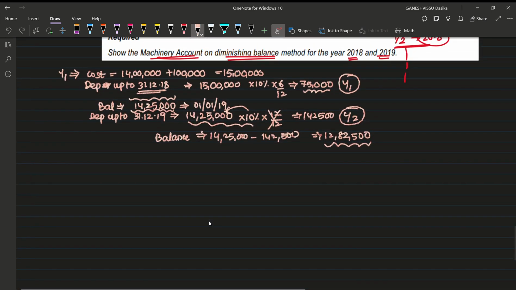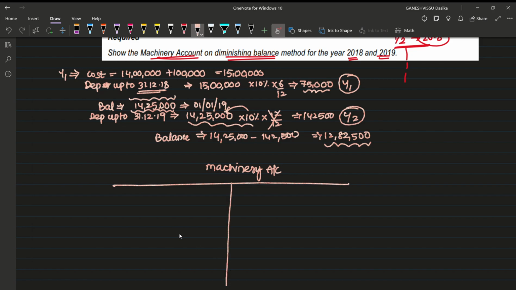Now we need to show the machinery account simply. It has been purchased on 1st July 2018 for 15 lakh rupees, including 1 lakh of installation. So to bank account it has been purchased for 15 lakh rupees.